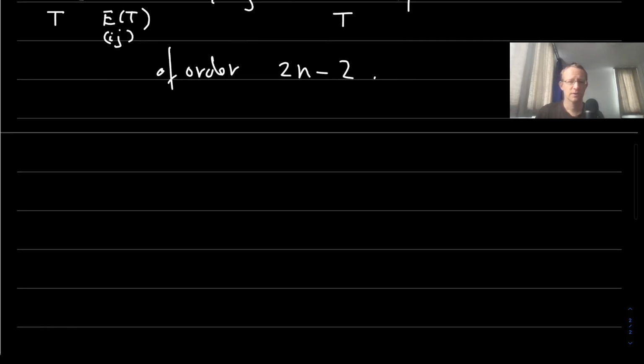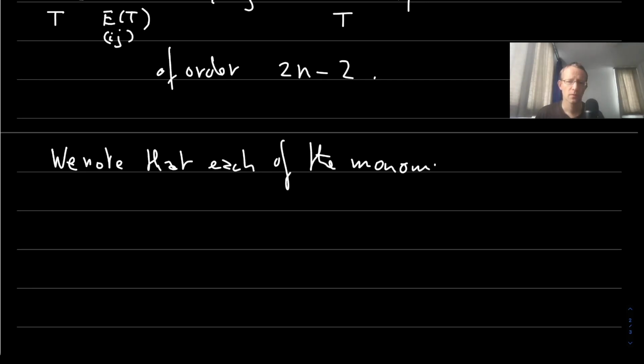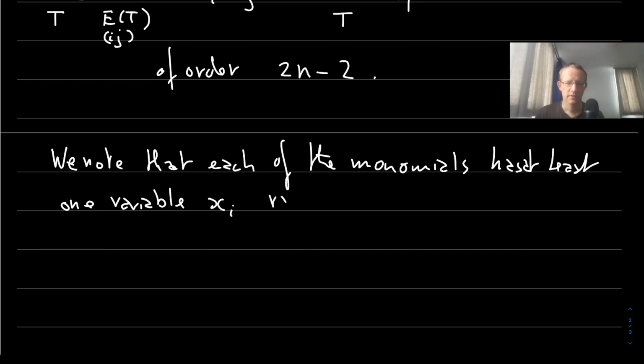What we will do is we note that each of the monomials has at least one variable xi raised to the power 1.